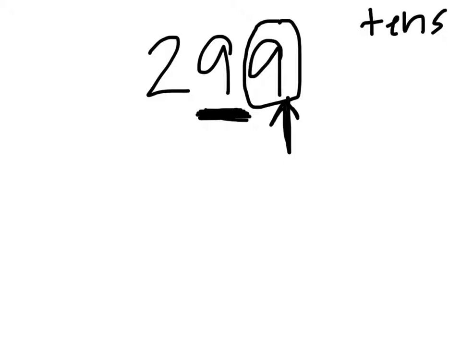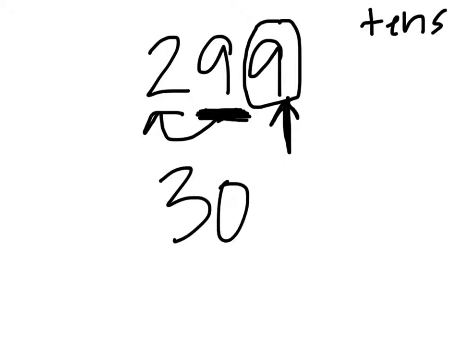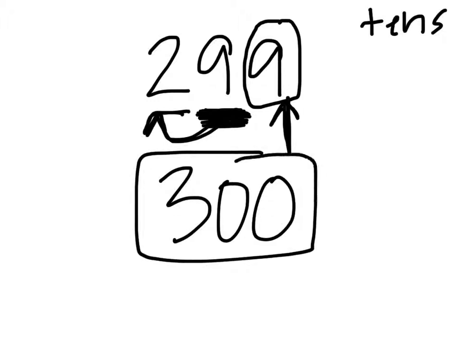But how do I go up from 9? Well, I wouldn't just be making this a 0. I have to carry it over to the next number because I'm going from 299 all the way up to 300, which would be the next option for raising this 9. I have to go all the way and carry over another 10. So my final answer would be 300.